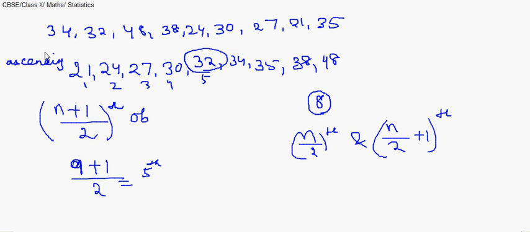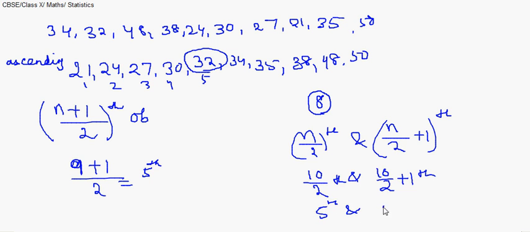Suppose in the same question I add on a value which is 50. So what do we do? Here you have 10, it now becomes a 10 observation data, so it becomes the 10 by 2th and 10 by 2 plus 1th, that makes it the 5th and 6th observation.